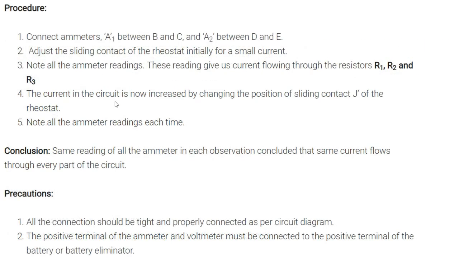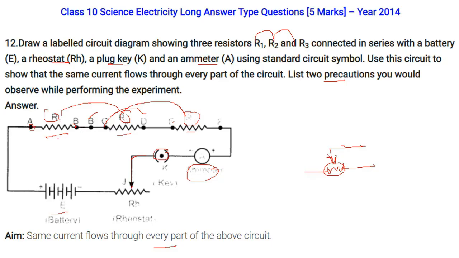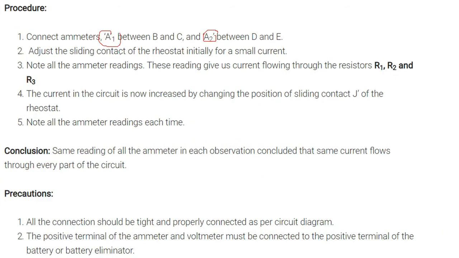So what is the procedure? We connect the ammeter as we saw in the figure, A1 between B and C, A2 between D and E. We can connect the ammeter between other points also. To compute the current, we adjust the sliding contact of the rheostat initially for a small current, and we note all the ammeter readings.